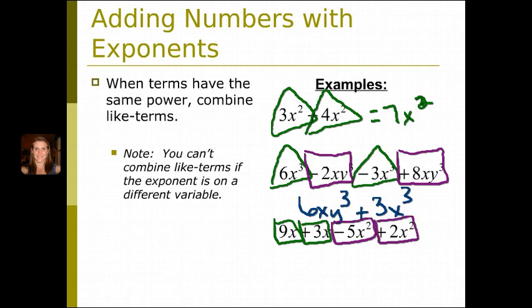And now that we've identified everything that we're combining, we're ready to write out our problem. So, negative 5x squared plus 2x gives us negative 3x squared, and 9x plus 3x give us plus 12x. So that's just a quick review on adding like terms.